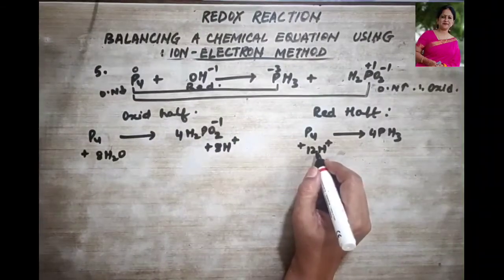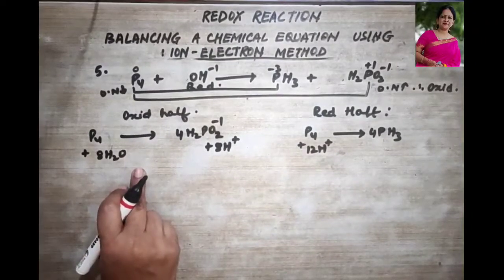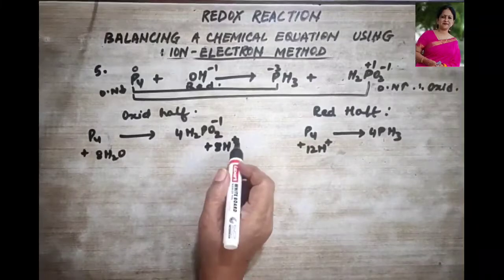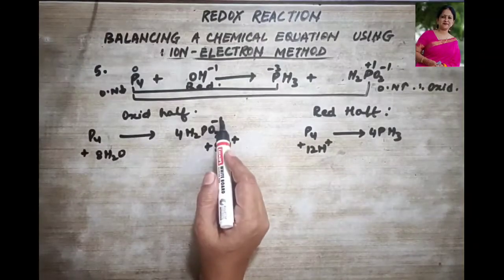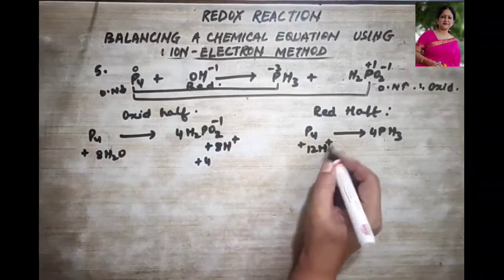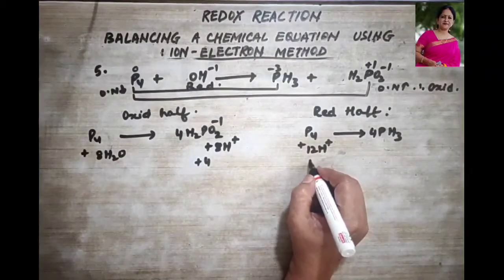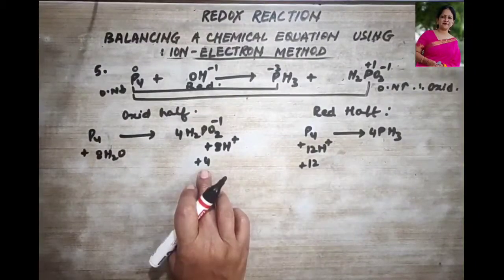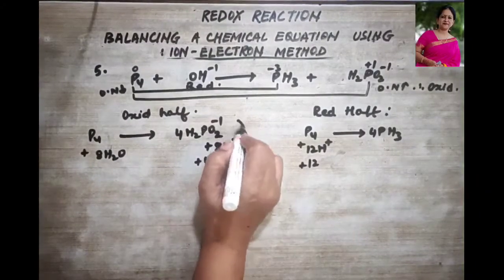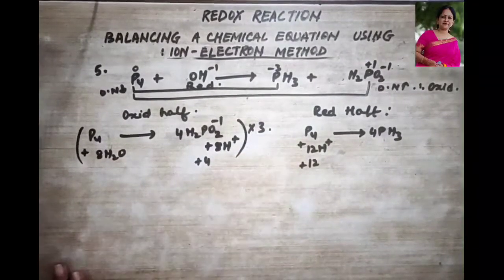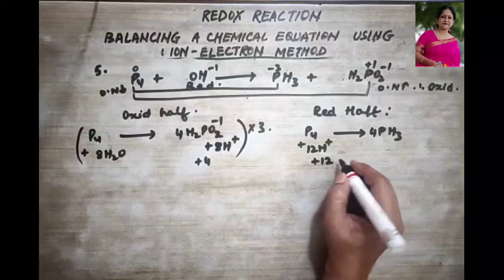If 12 is the charge over here, look at the charge this side. Here there is 0 charge and here 8 minus 4, 4, isn't it? Here there are 4 charges and here there is 12. So what do we have to do? 4 3s are 12. So we multiply the whole equation by 3. Fine.